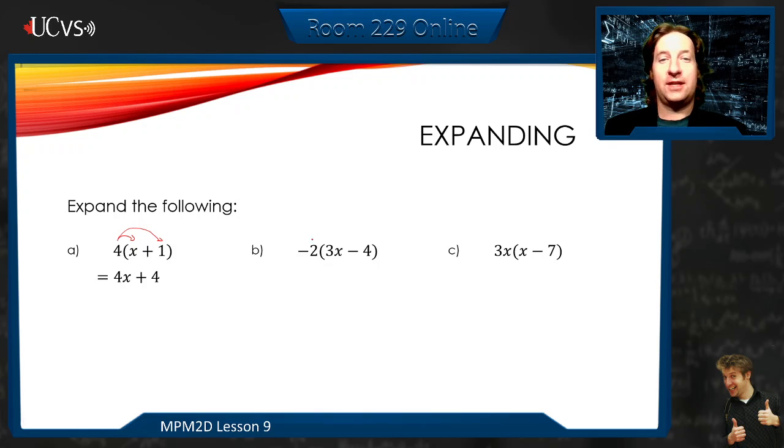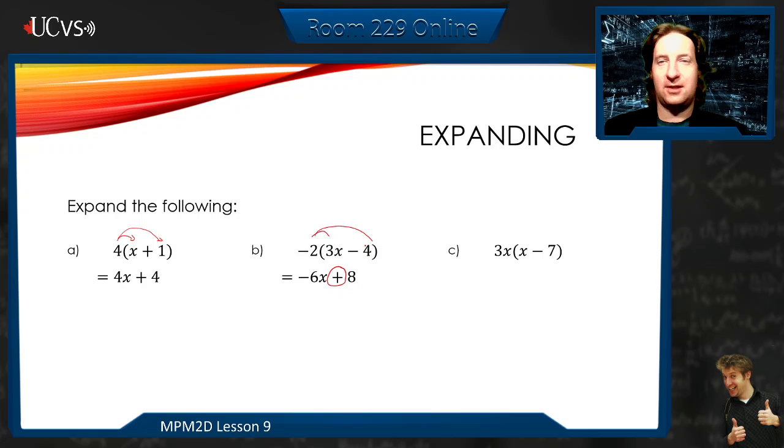So negative 2 times 3x is going to give us negative 6x. And now, careful, negative 2 times negative 4 is going to give us positive 8. Now, this is one of the major mistakes you are going to make. Just watch your signs. Remember, a negative and a negative make a positive.